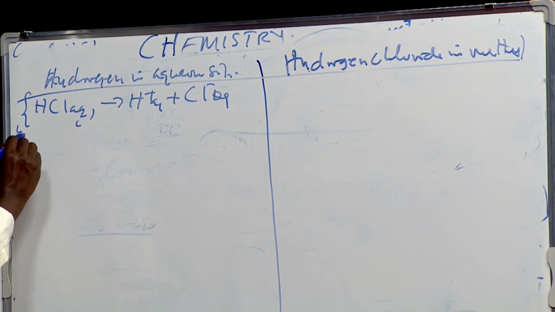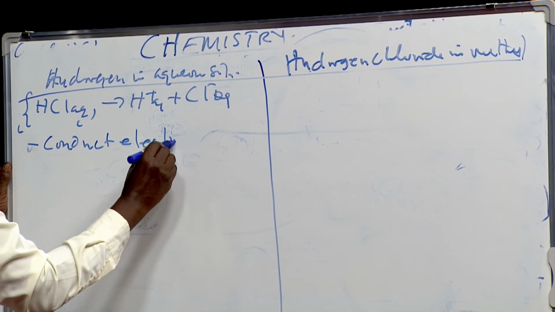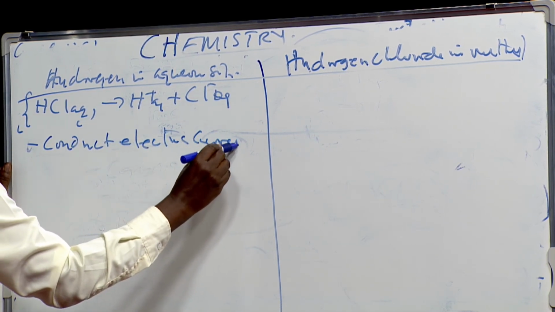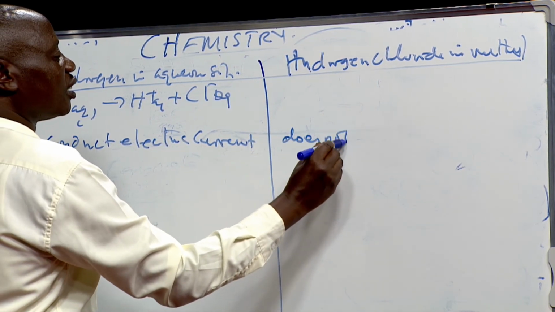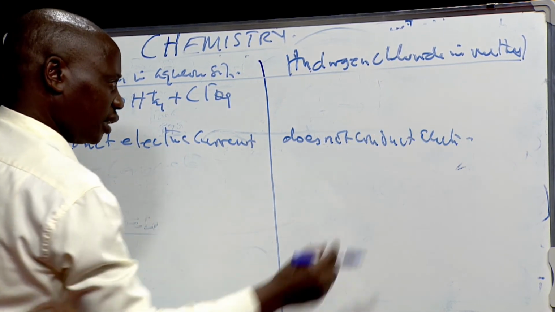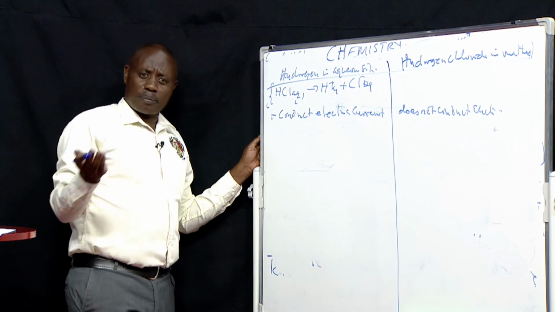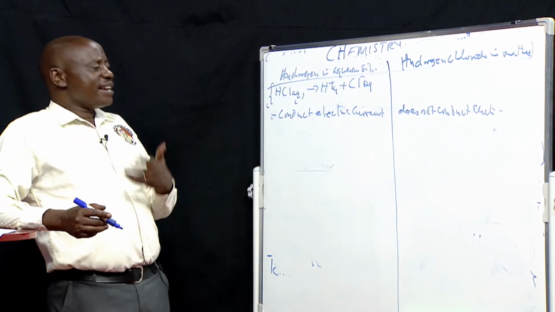So which means it conducts what? The solution conducts electric current. But this one does not conduct electric current. If you do that one in your laboratory, it is a simple experiment.